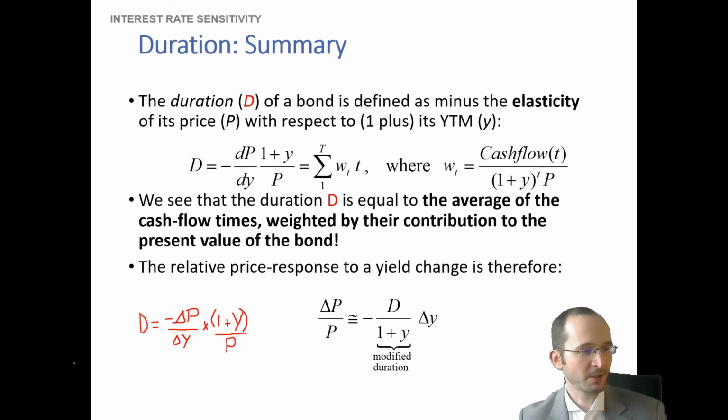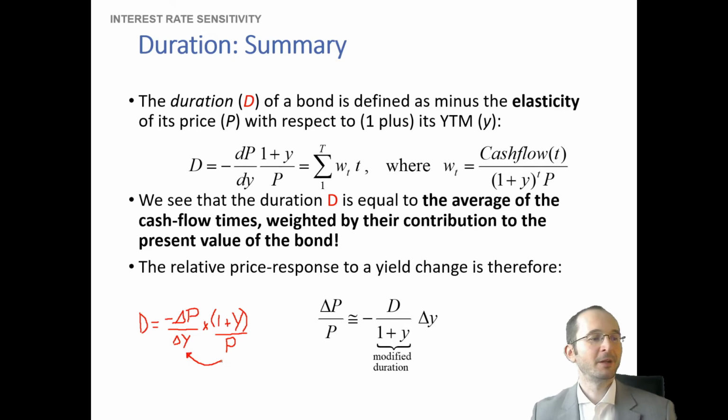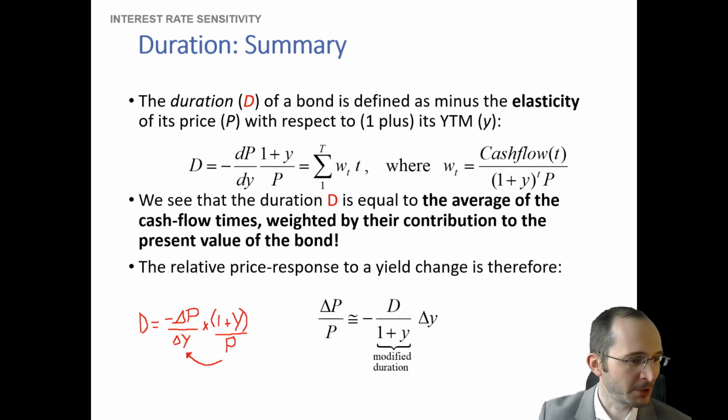So how do we turn this expression into this expression? Well, let's simply shift over the price in the denominator from one fraction to the other. We can do that without really changing much at all.